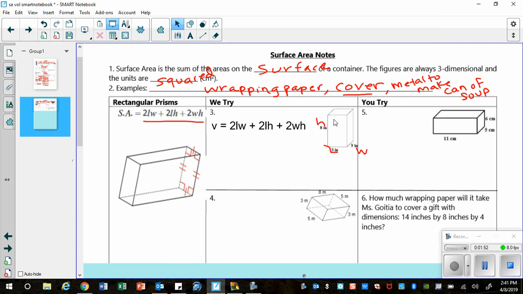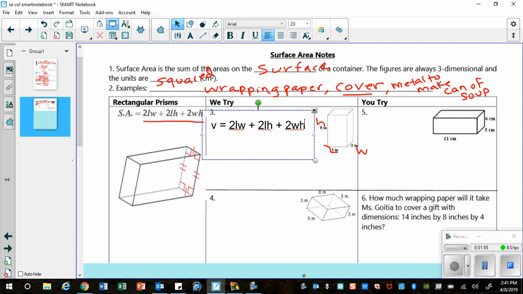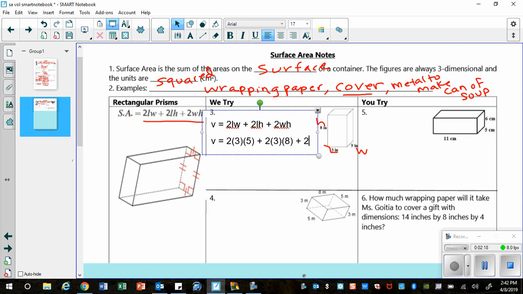Okay. So then we're going to just continue with our formula. So it equals, and we'll do 2 times our length times our width, plus 2 times our length, which is 3, times our height, which is 8, plus 2 times our width, which is 5, and our height, which is 8.